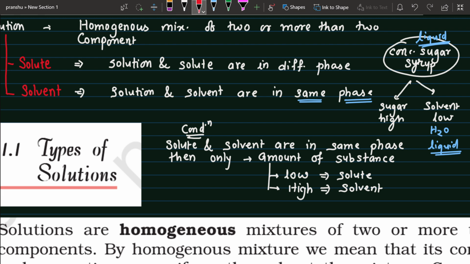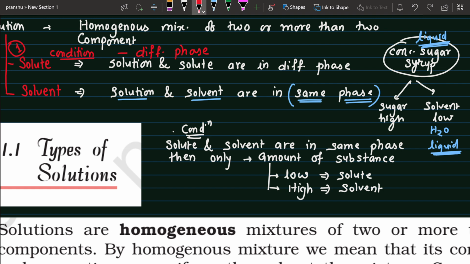So the first definition is preferred first. It is based on different phases. In that condition, if the solution appears like a liquid and the solvent appears like a liquid, the solution and solvent are in the same phase.